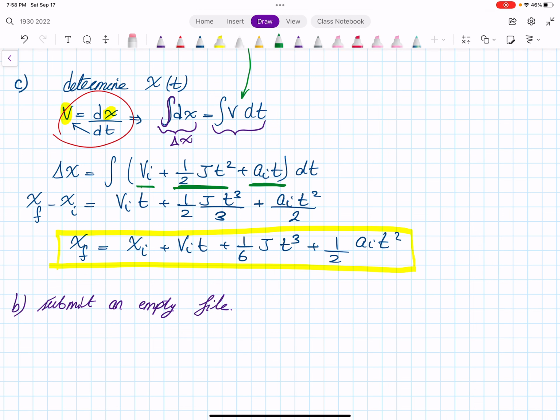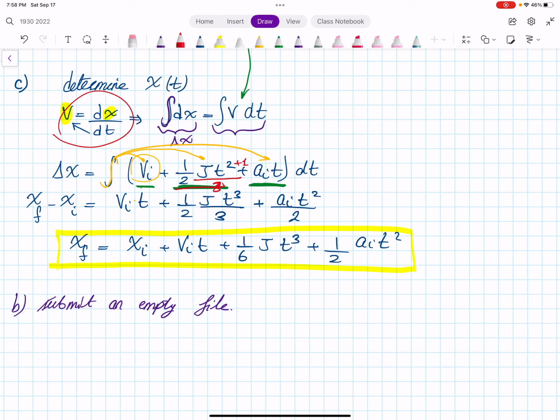And you have to integrate, right? You have to distribute the integral. How do you integrate v sub I? v sub I times the time. How do you integrate 1/2 jt squared? You have to add 1 to the exponent divided by the new exponent.